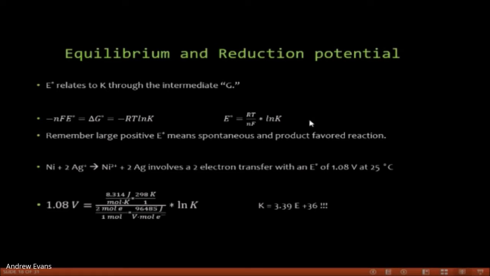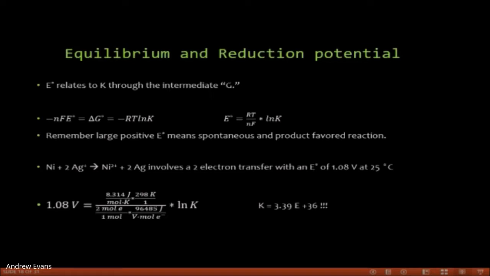If I do that same reaction, 1.08 volts times 2 times 96485 divided by 8.314 divided by 298, if I do that all by itself without doing the natural log, let's see, what's the number?